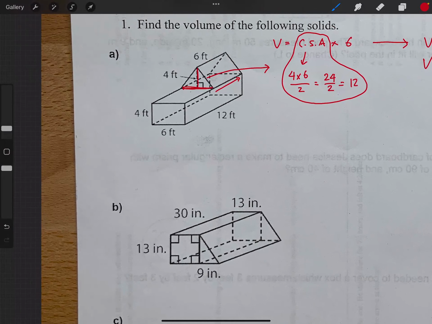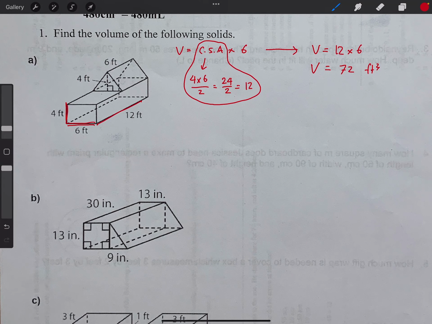Now to find the bottom piece. The bottom piece is easy. It's a rectangular prism. So to find the volume of a rectangular prism, we just have to do length times width times height. So that's just 4 times 6 times 12.